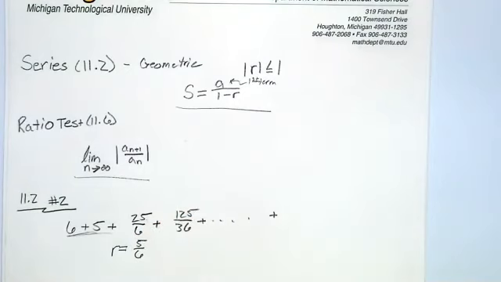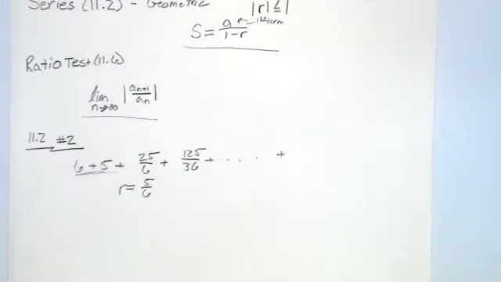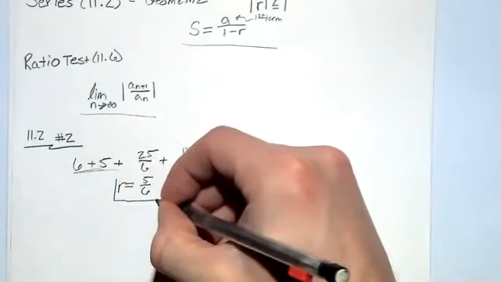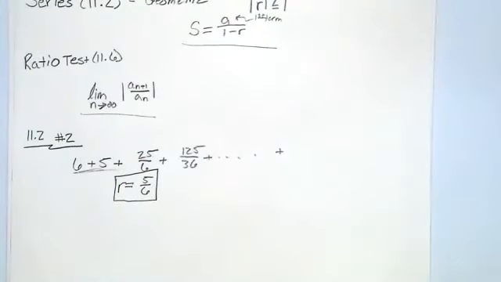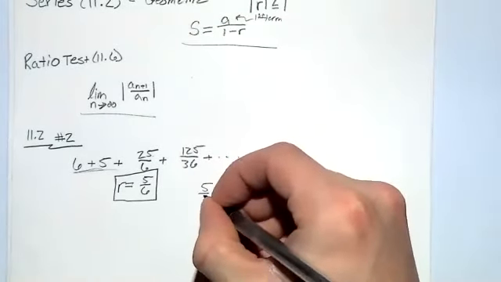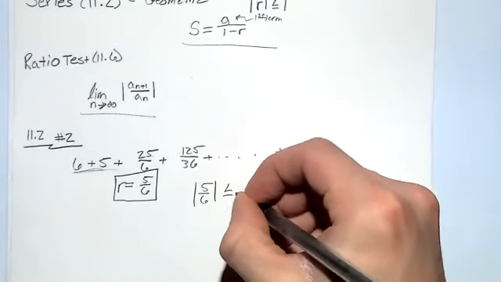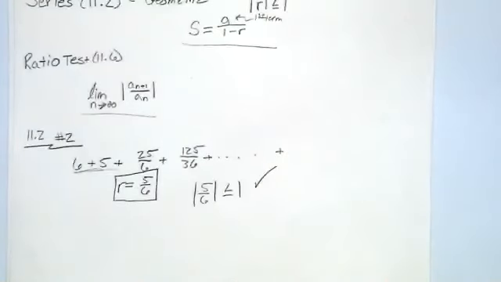Let's see if that makes sense. 6 times 5/6 gives us 5, and 5 times 5/6 gives us 25/6. So this will be our ratio. Now, we can say that the absolute value of 5/6 is less than 1. Check. So this is going to be a convergent series, and we can find its sum.